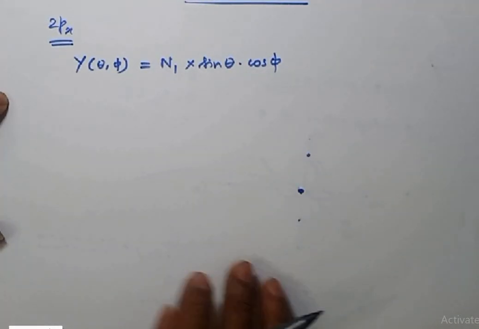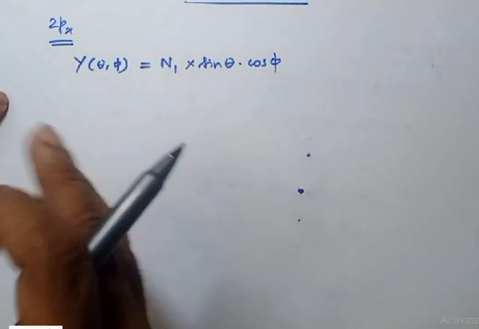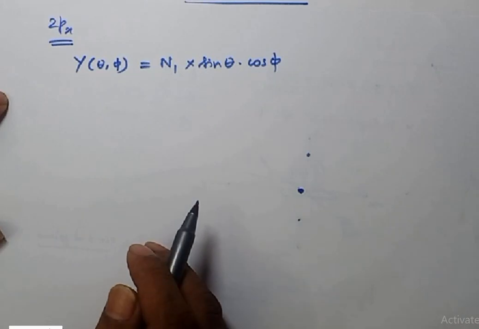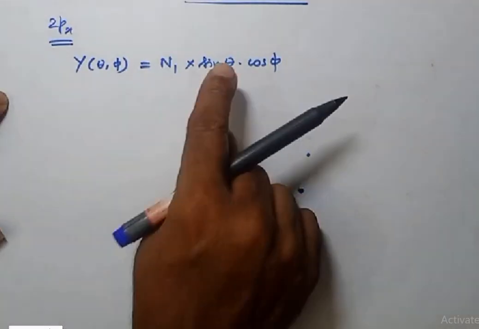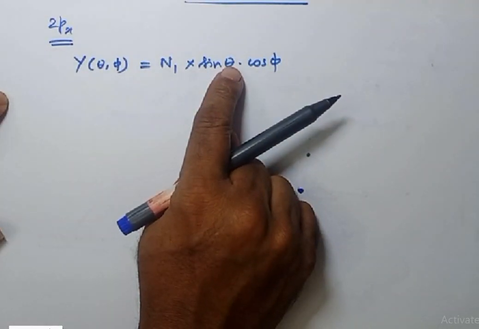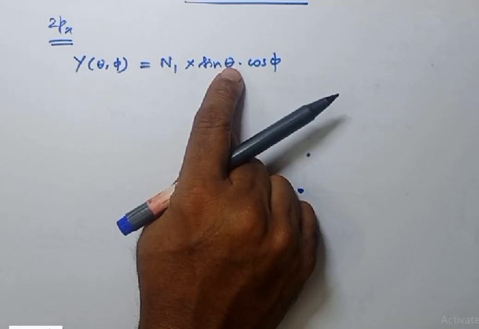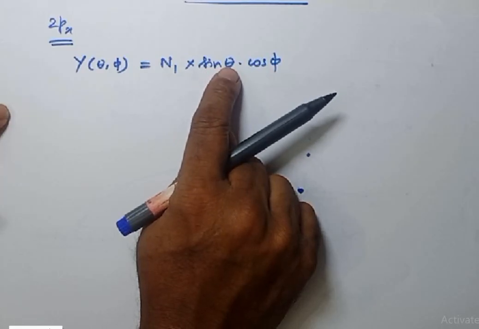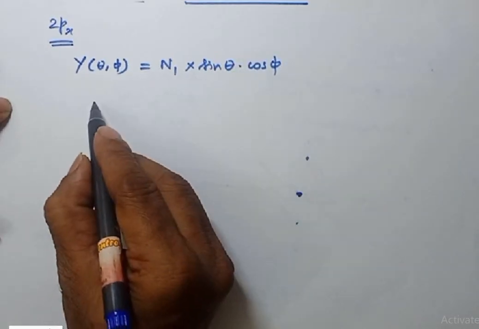Now the question is when the function becomes 0. For what theta and phi values does the function become 0? Suppose I take theta as pi by 2, sin pi by 2 is 1, and phi also pi by 2.